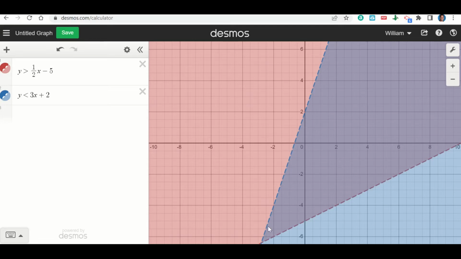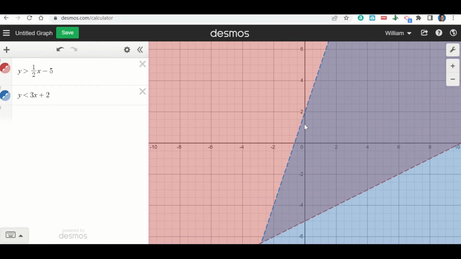Okay, and now we can see where we have our two lines that are drawn. They're both, in this case, dotted. But that could change depending on the sign. They're both dotted, and we can see that this area up here is all shaded in red. This area here is all shaded in blue, and this area is shaded in purple. The purple area is the part we care about. This is the overlap of the shading.